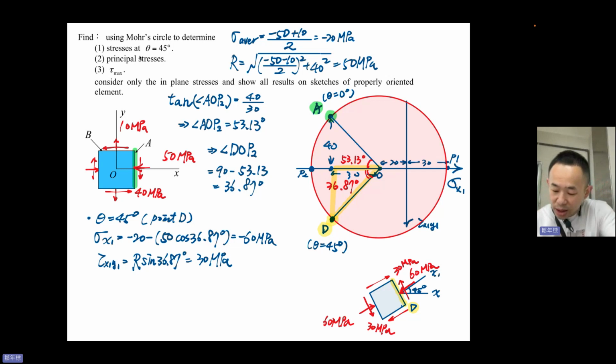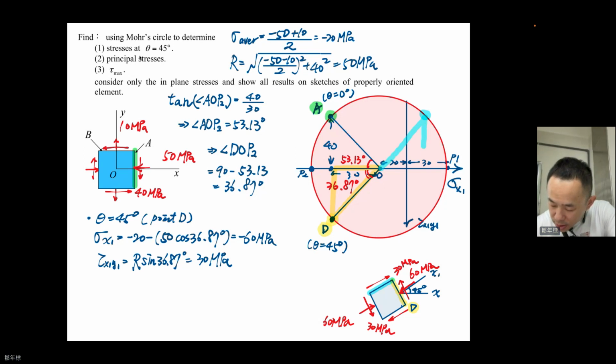No, because we haven't done the blue plane. The blue plane in the real world is 90 degrees away from plane D. How about in the circle? 180, right?